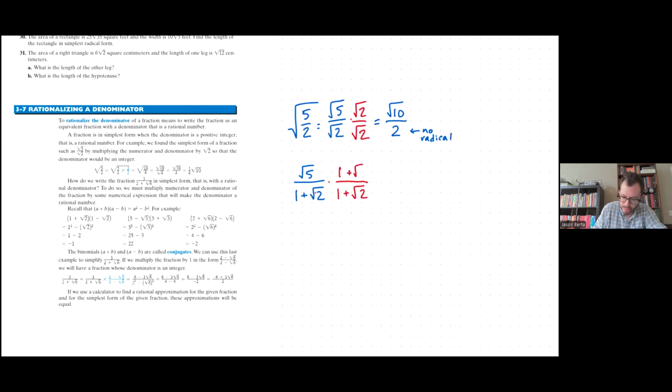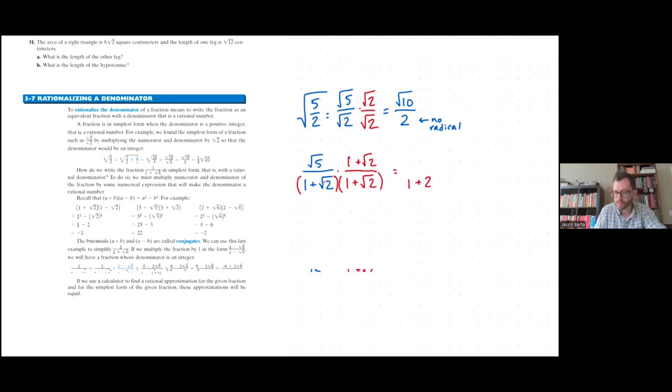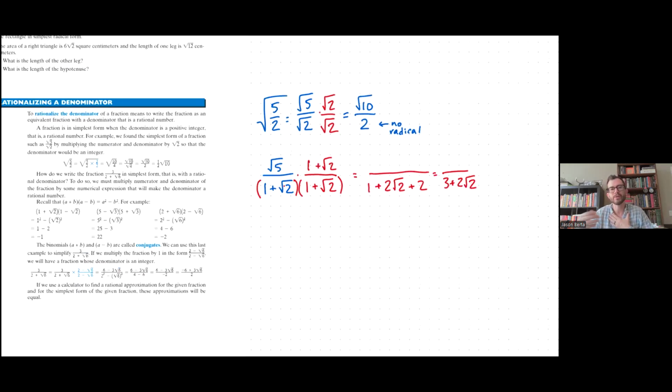What we would have to do is FOIL this out, and we would actually get 1 plus 2 times the square root of 2 plus 2, which of course we can write as 3 plus 2 times the square root of 2. There's still a radical there, okay?